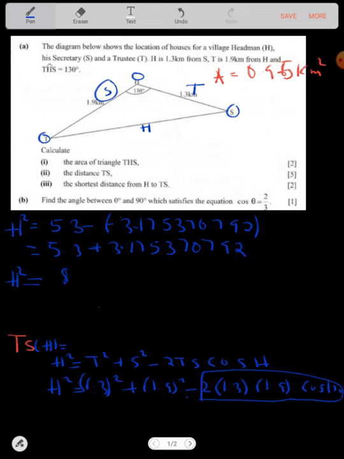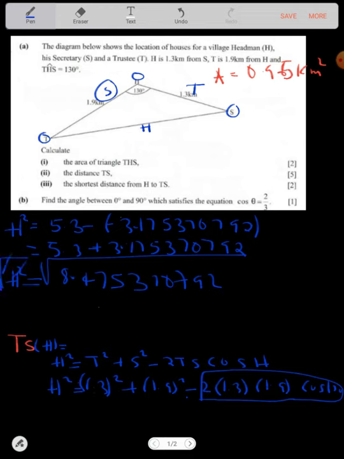I'm sure you follow the steps. This is 5 marks, so you don't have to round this off. So 8.47, and don't round off until you find the final answer. Then to remain with H here, we're going to introduce the square root on both sides.